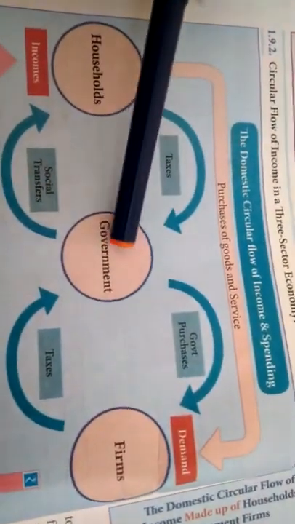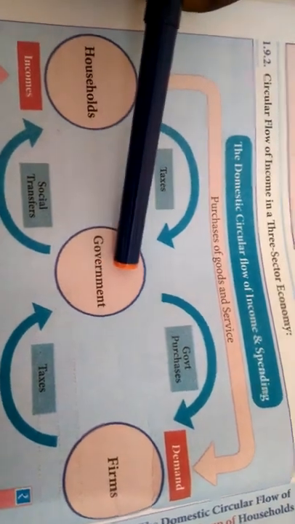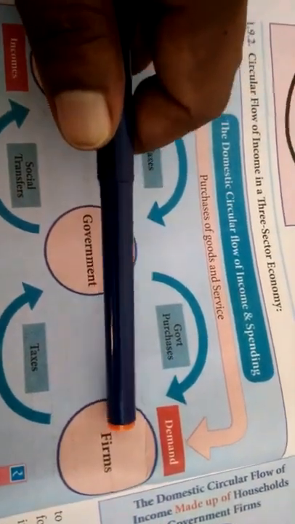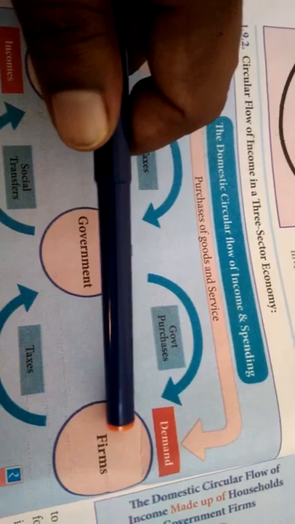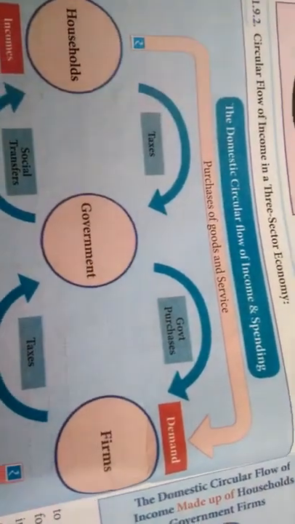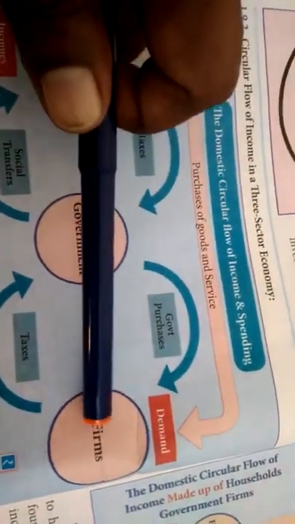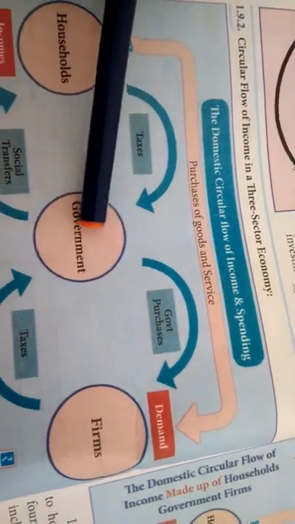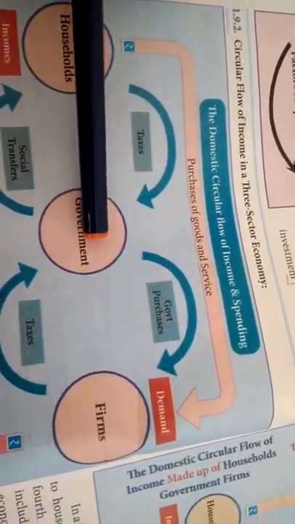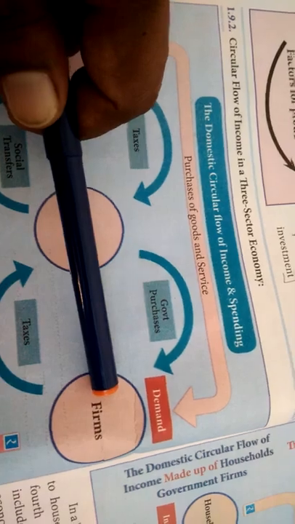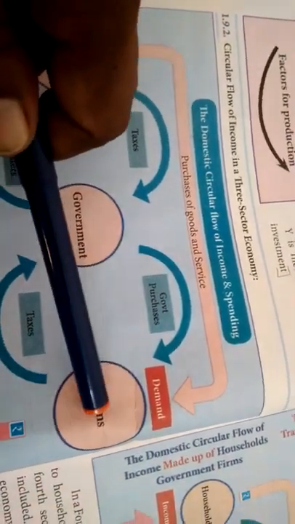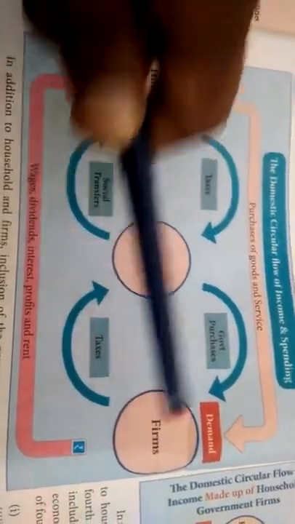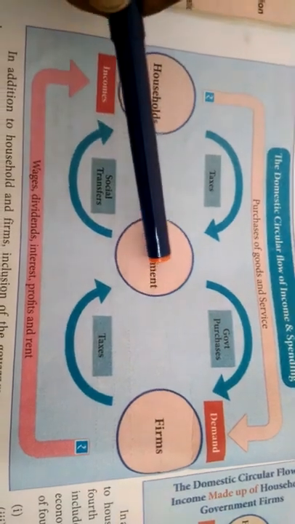So the government also depends on the firms, because some of the needs of the government are fulfilled by the firms. Normally the firms produce all the commodities needed by the household and the government.